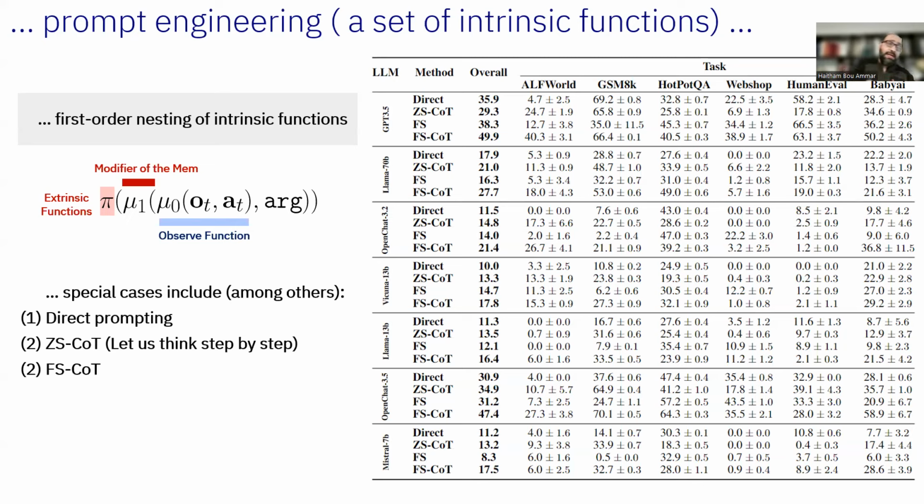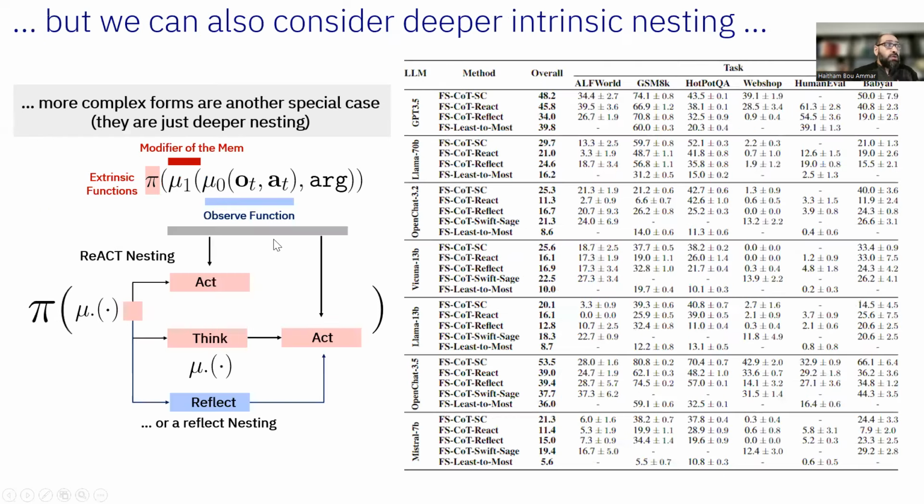But what you can see already is that there's an advantage to this, because now the modularity of those intrinsic functions will allow me to write many special cases. And here we just show you that we run these different techniques on the experiments I mentioned before, from ALFWorld, GSM8K to BabyAI.